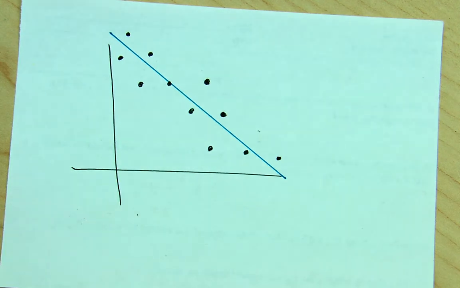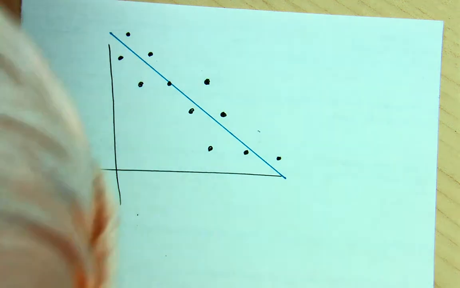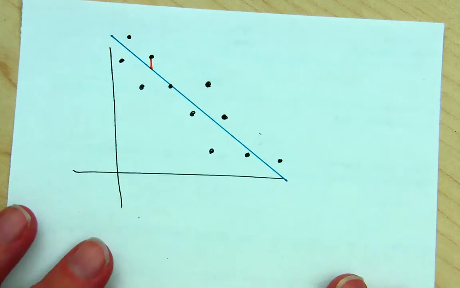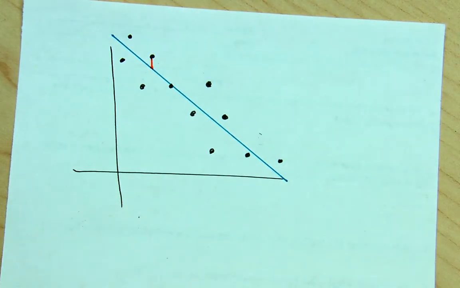These other ones are missing the line, but they're close to the line. Whenever we talk about this amount that it missed, this distance here, that's our residual. We talked about the residual being the difference between what actually happened and what we thought would happen. That actual and predicted difference, that's our residual.